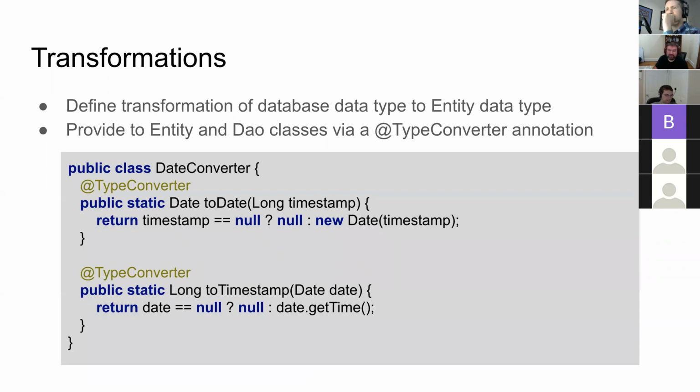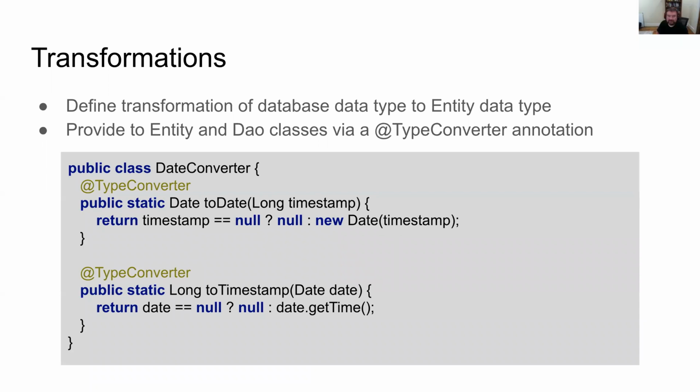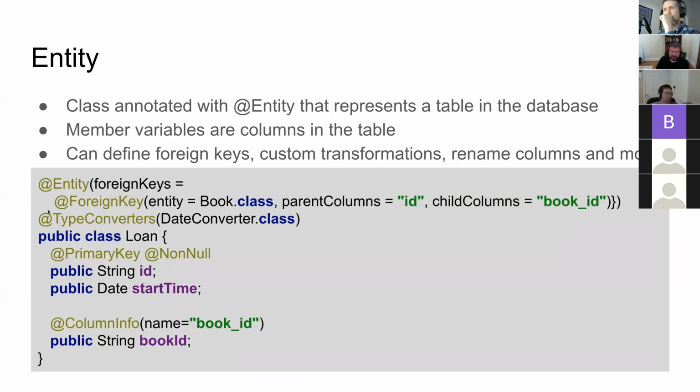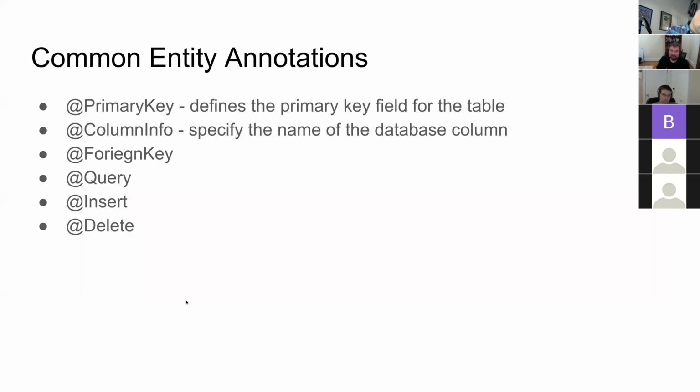Okay, but so we kind of talked about these type converter classes, and here's a view of the transformations. This is sort of to help Room out. Room will inspect the type of a variable, like, for example, the string ID, and it'll know how to convert that into the SQLite database, or if it's an integer, something like that.